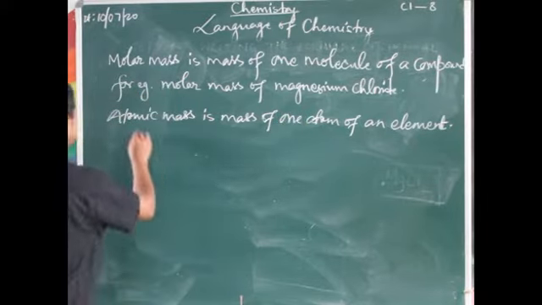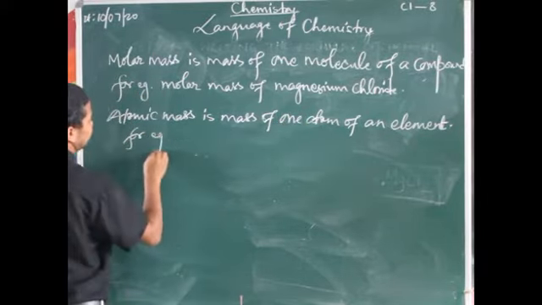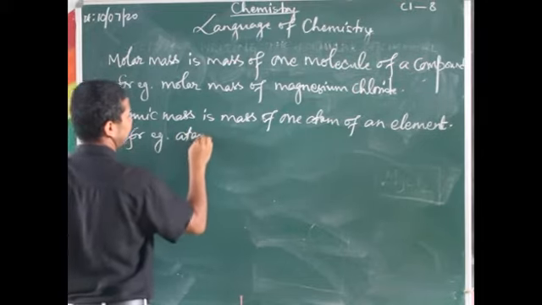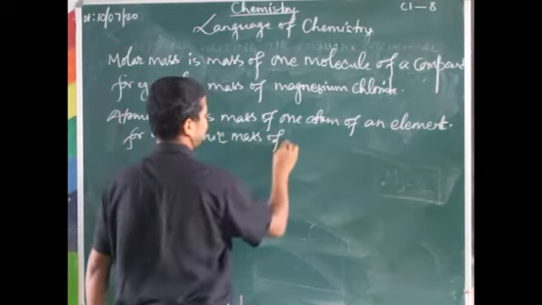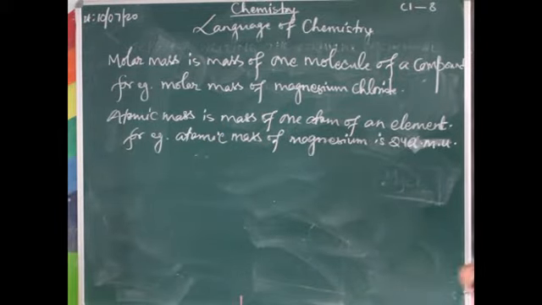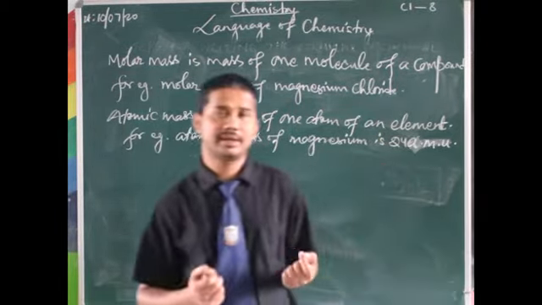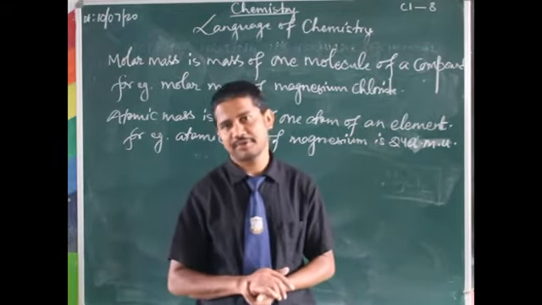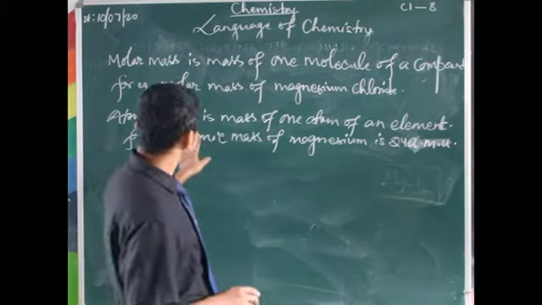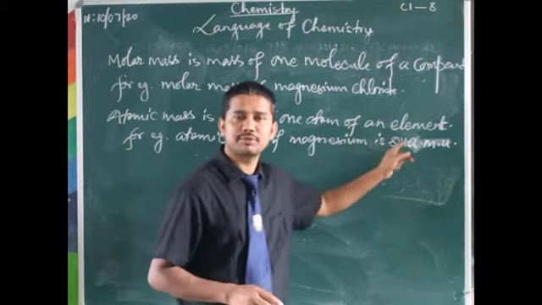For example, atomic mass of, so whatever you feel like writing, either AMU as atomic mass unit or u as unified mass. So atomic mass of magnesium is 24 AMU.